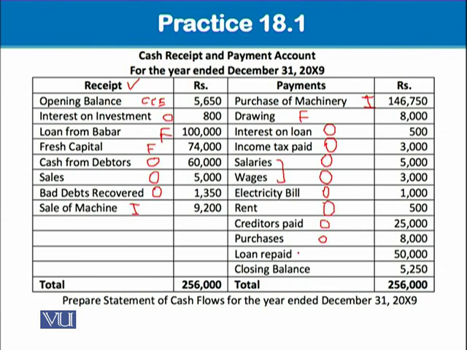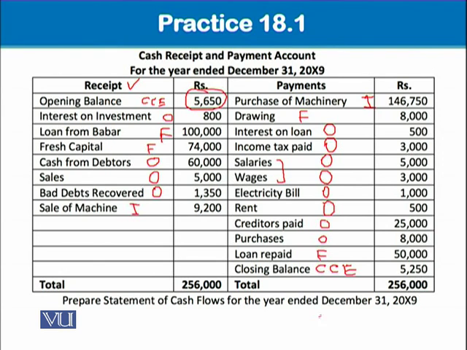Okay, loan repaid, we had a loan as liability on us, now we have paid it, so in a way it belongs to financing activity. And this is the closing balance. Closing balance of cash is cash and cash equivalent. Okay, so we have an opening balance of cash and cash equivalent, which is 5,650.